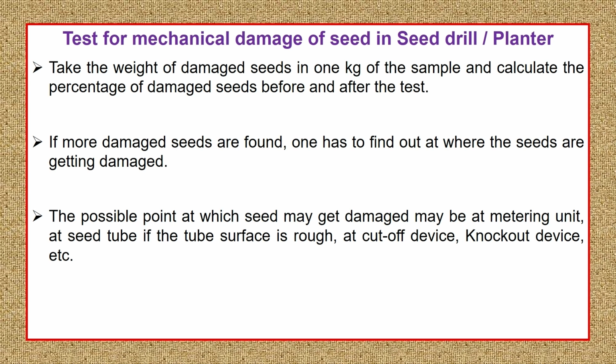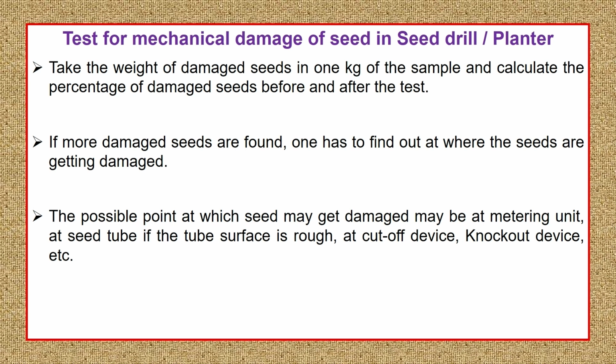The raw seed, which is placed into the seed box, and the seed which is collected from the furrow opener, both of these samples are taken and checked for physically, mechanically damaged seeds, and they will be compared later, with the damaged seed at the numerator and input seed at the denominator, and that's how the percentage of mechanically damaged seeds will be determined.